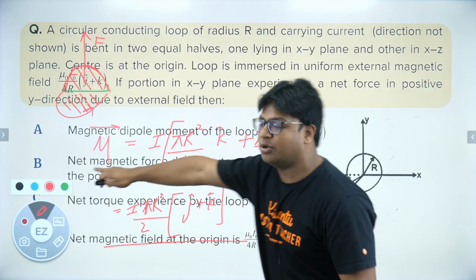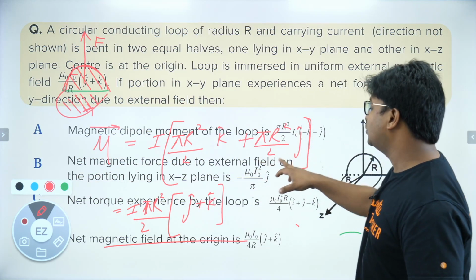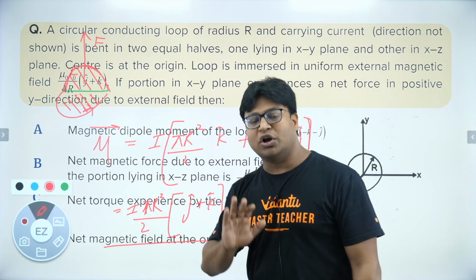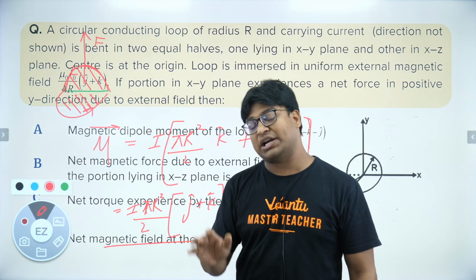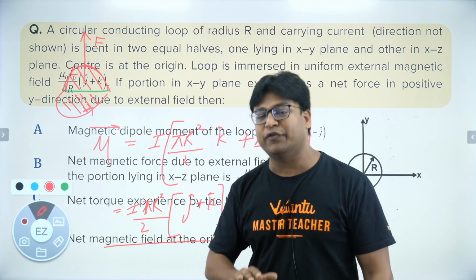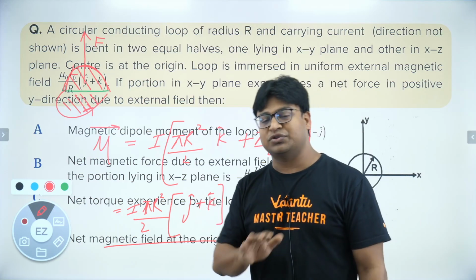next option talks about. Option B talks about the net magnetic force due to the external field on the portion of the loop. Now option B is not talking about the net magnetic force acting on the loop. A current carrying loop experiences zero force in a uniform magnetic field. So we are not talking about the magnetic force on the entire loop.